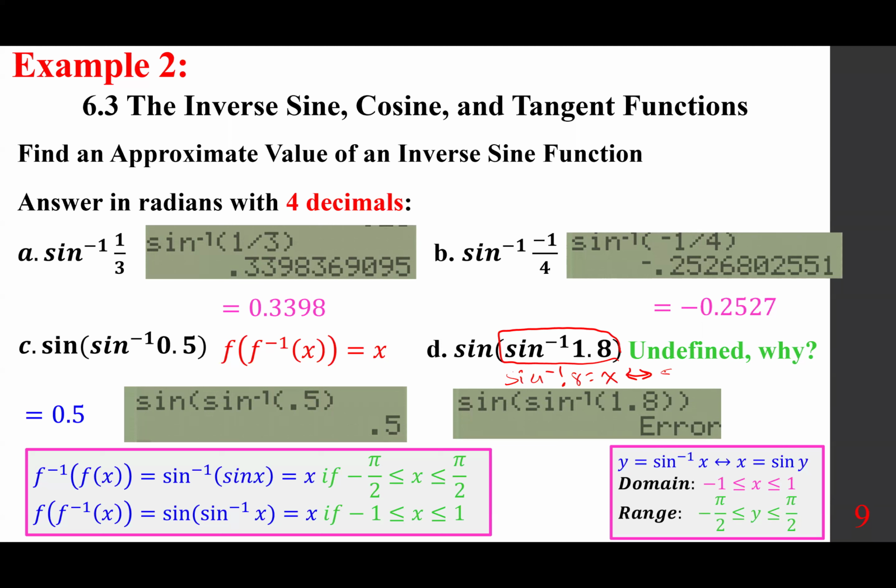That means sine x must be 1.8, and this doesn't work because sine is between -1 and 1. So that's something you want to be careful of. So when you go with the composite function, take a look at the inner function and the domain of that function.